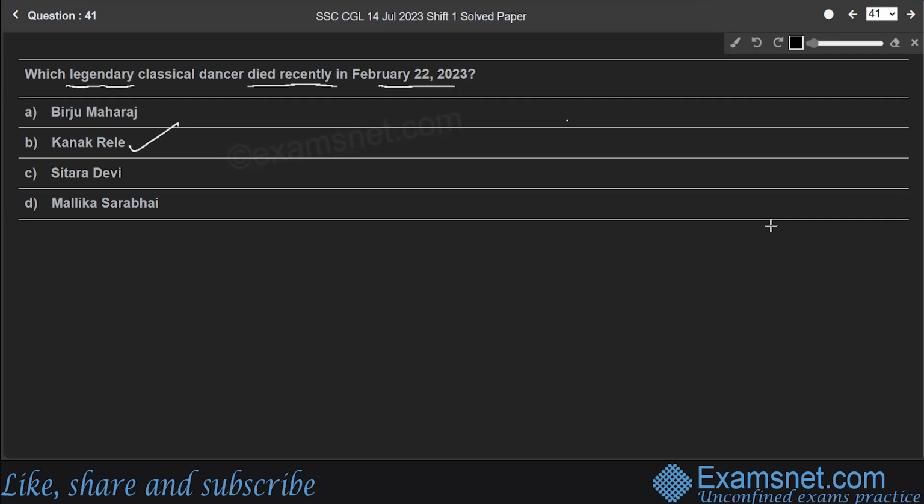She was honored with the first Guru Gopinath National Puraskaram by the government of Kerala. At the age of 85, she breathed her last in Mumbai. So option B is the right answer.